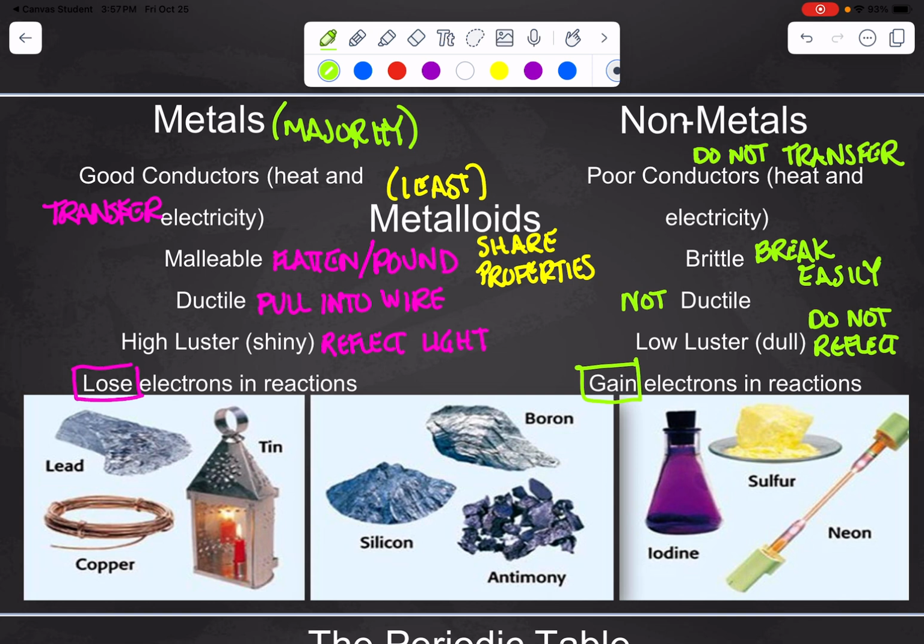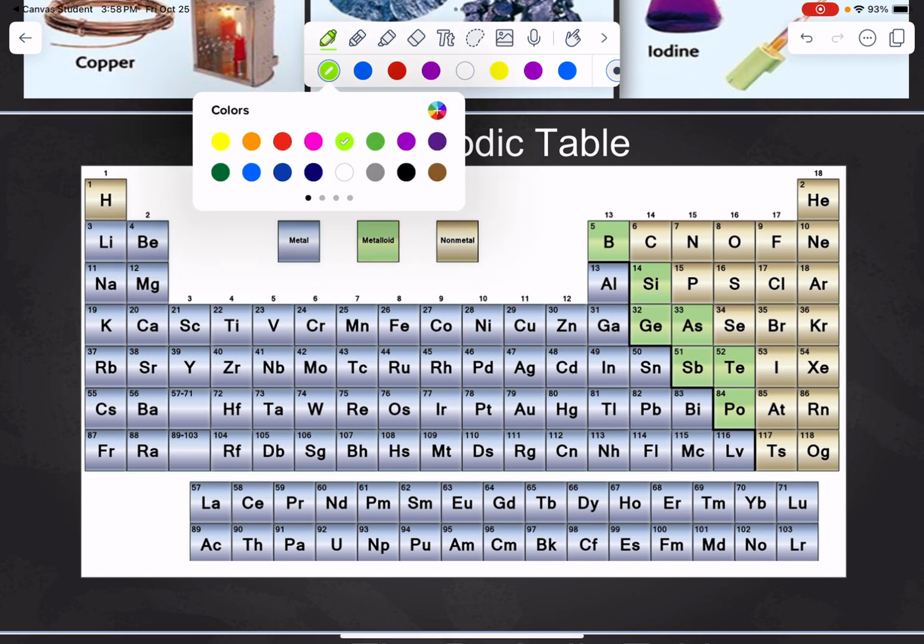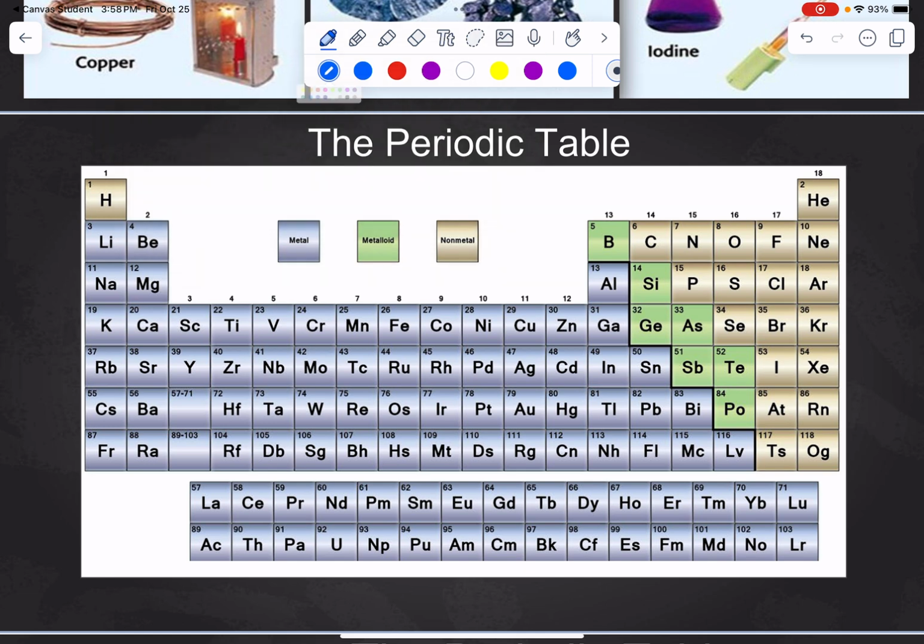So if you look at the left-hand side there, we have a bunch of metals as an example, in the middle we have a group of metalloids, and then on the very right we have nonmetals. Now looking at this periodic table, notice that most of the periodic table is metals.